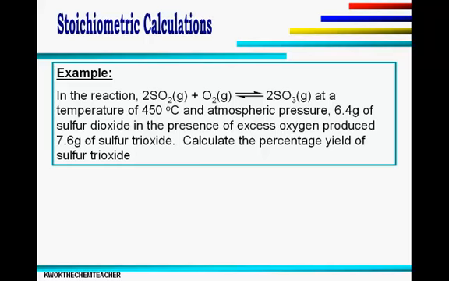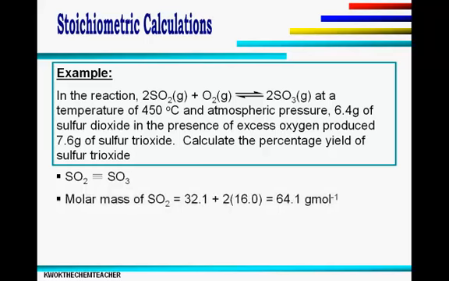Note that this reaction is a reversible reaction, but we will still in this case assume that it goes to completion. From the reaction equation, we can see that for 1 mole of sulfur dioxide, 1 mole of sulfur trioxide is being produced. Therefore, the molar mass of sulfur dioxide can easily be calculated using 32.1 plus 2 times 16 to give me 64.1 grams per mole.